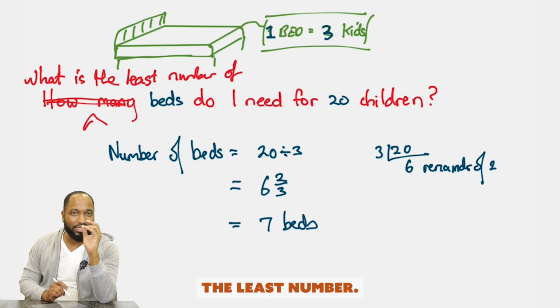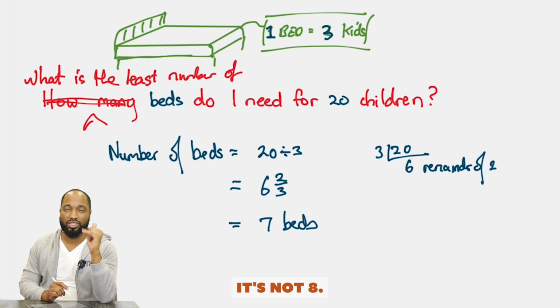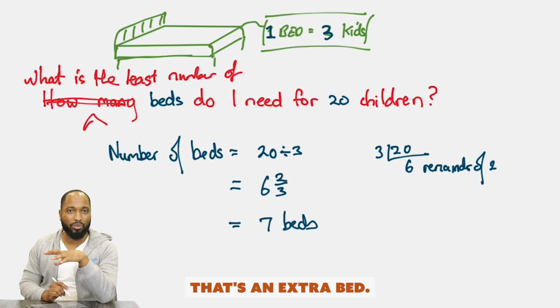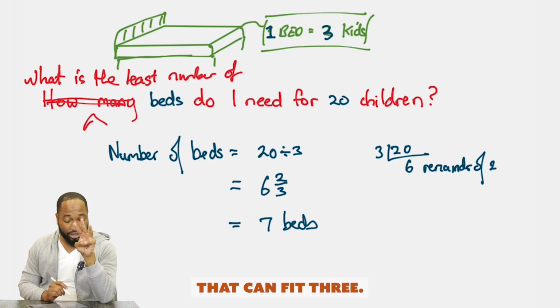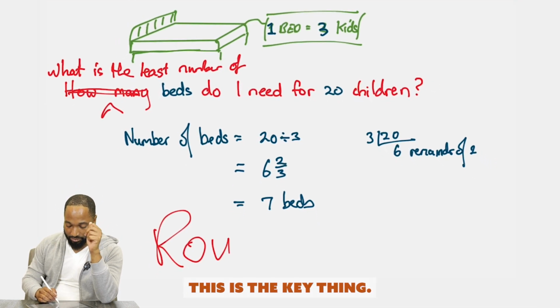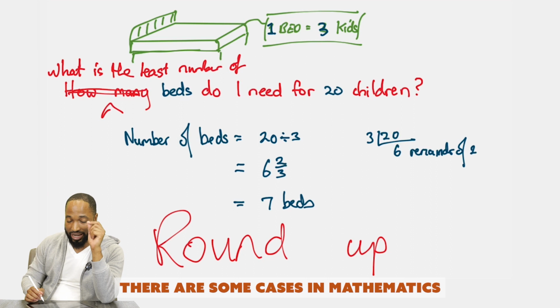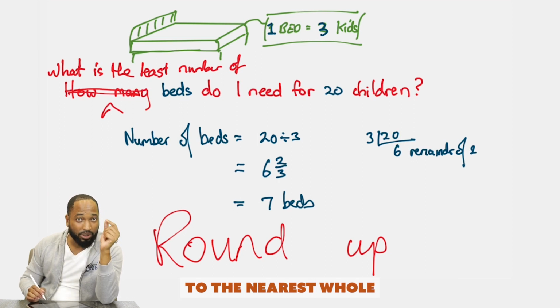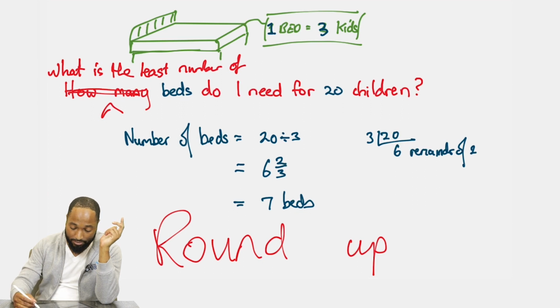They want the least number that can sleep all of them. It's not 8. 8, that's that extra bed, because remember the bed can fit 3. It's actually 7 beds. I can't get 2/3 of a bed, so I need to, and this is the key thing, I need to round up. There are some cases in mathematics where you always round up to the nearest whole number when you divide.